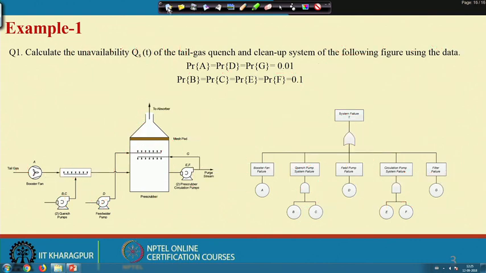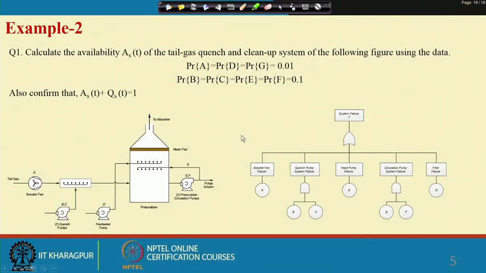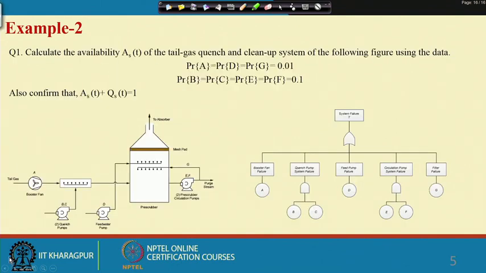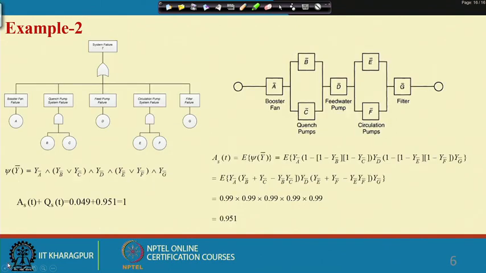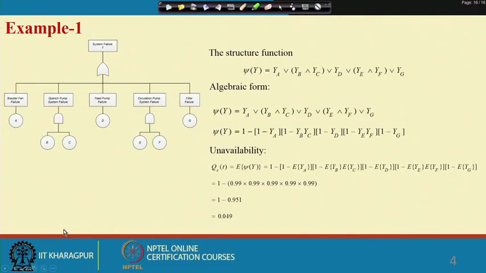So, you can see that this is the structure function that we have got.